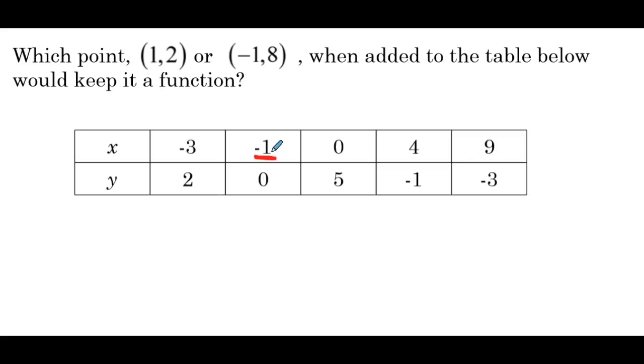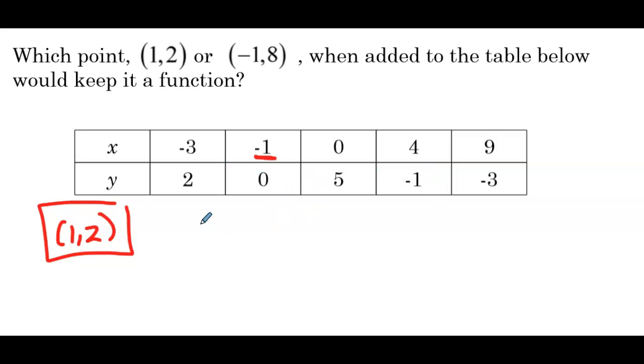So if we look at -1, the output is 0, and the point they gave us, -1 maps to 8. So that wouldn't be a function, which means we'd want to add the point (1, 2). And the reason is every input would then map to only one output.